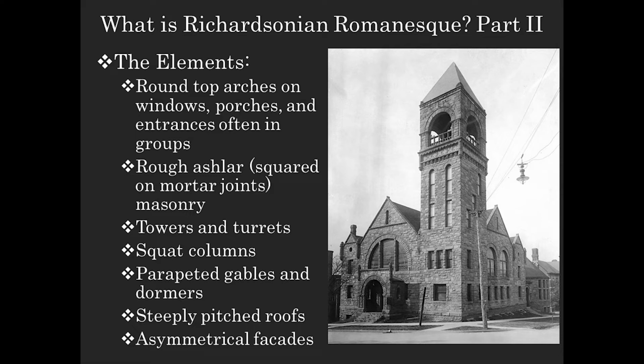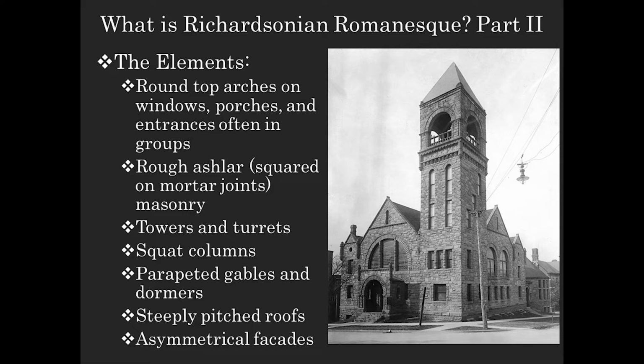Towers and turrets are both very common in this style of architecture. Squat columns, like the one you can see at the entrance of the First Congregational Church, these short columns are also quite typical of Romanesque architecture. Parapeted gables and dormers. What is a parapet? A parapet is those outer walls that extend up beyond the roofline.